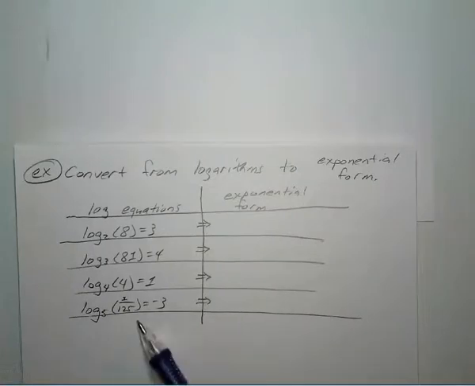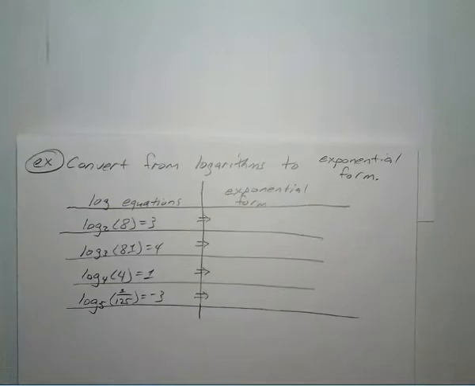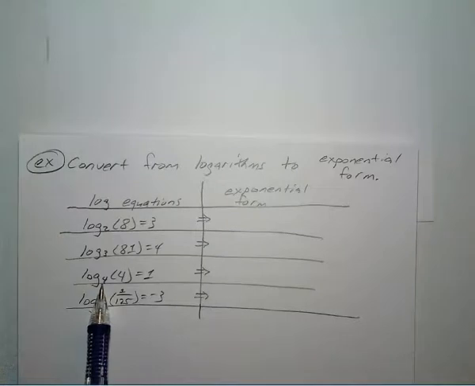Sometimes they won't give you parentheses around here. They'll just have log base 5 of 1 over 125 with no parentheses. Same thing. I just happened to put the parentheses on mine, but a lot of times you might not see parentheses. They just assume you know that the small number down here is your base, and the big number next to it is your x value.